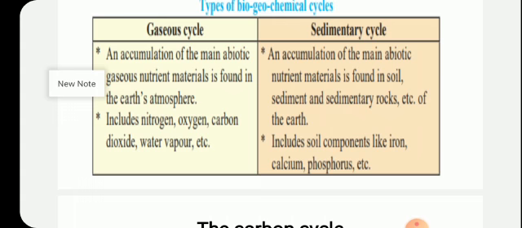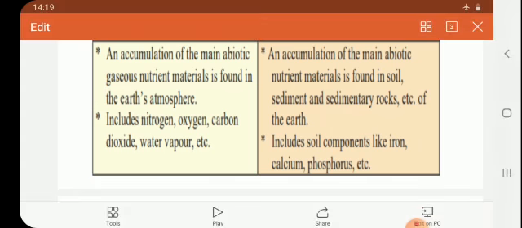Are you clear? Carbon occurs in abiotic form in coal, granite, diamond, in the earth's crust, while the same in the gaseous form is carbon dioxide in the atmosphere. Generally, carbon is present in plants and animals for a much shorter duration, means very little amount than it is in coal.